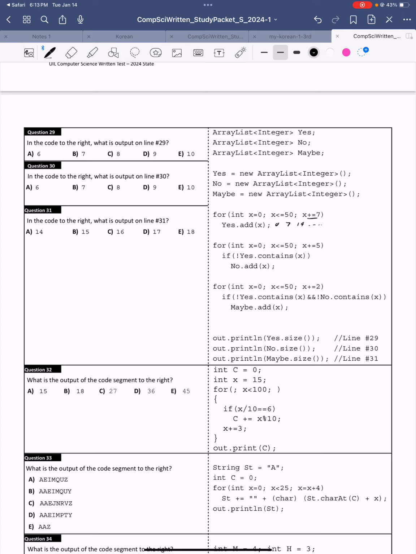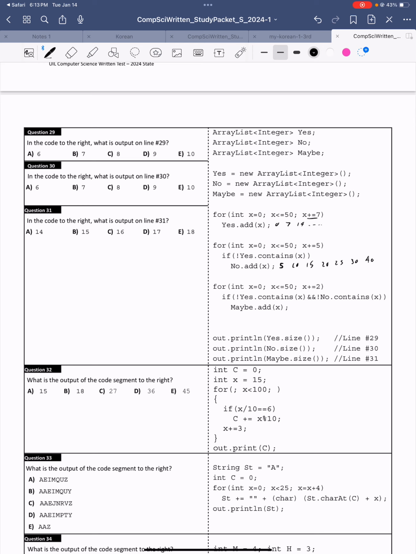So let's not add any of the multiples of 5. So we're going to get 5, and then 10, 15, 20, 25. We're not going to include 35 because 35 is part of yes, right? And we're not going to include 0 because 0 is part of yes as well.